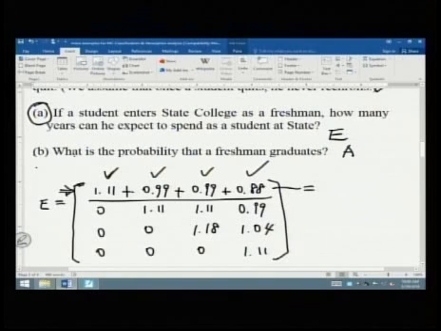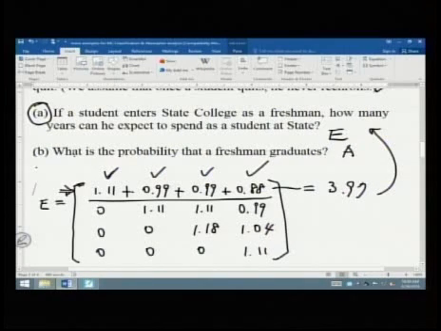It should be less than 4. Why is that? Because some entering freshman students will quit before their senior year. So I believe it should be less than 4. That's 3.97. So that's the answer for the first question.